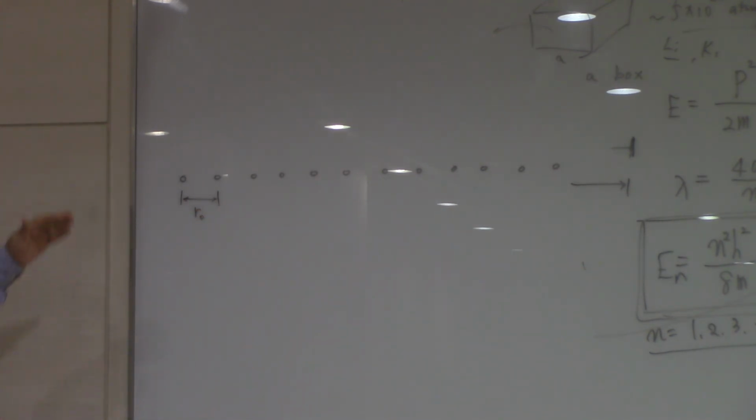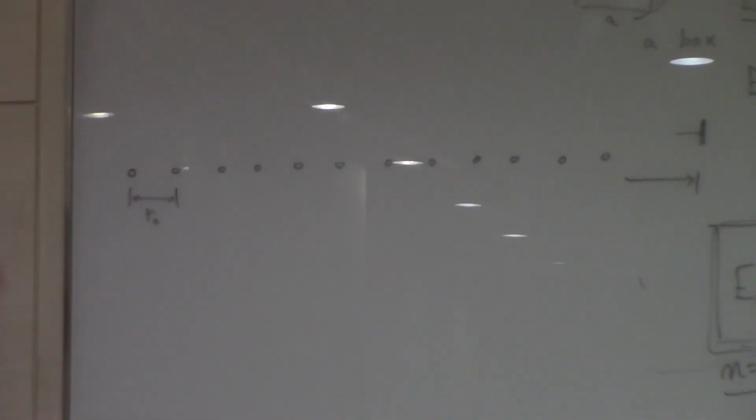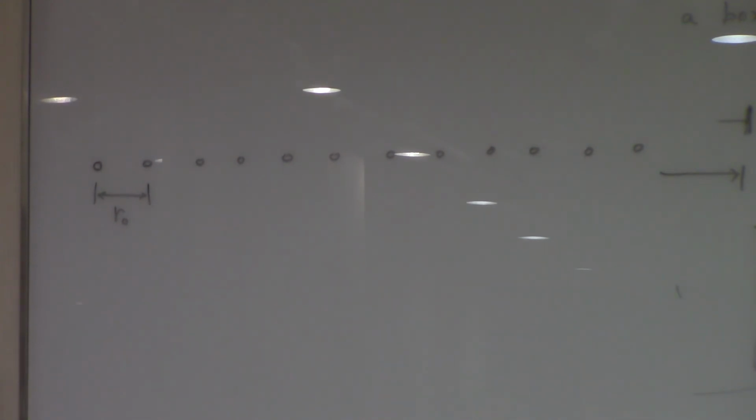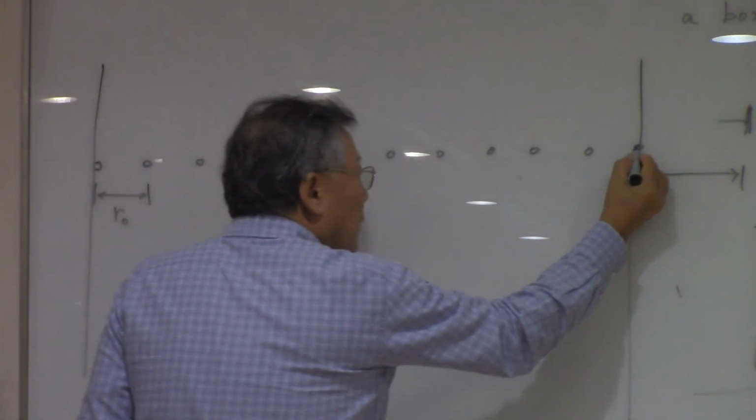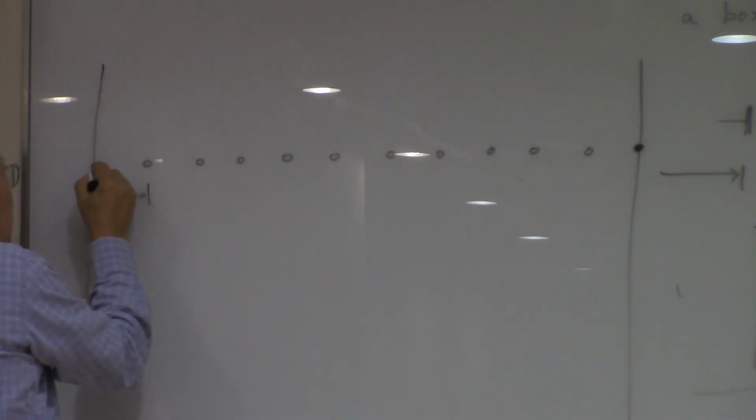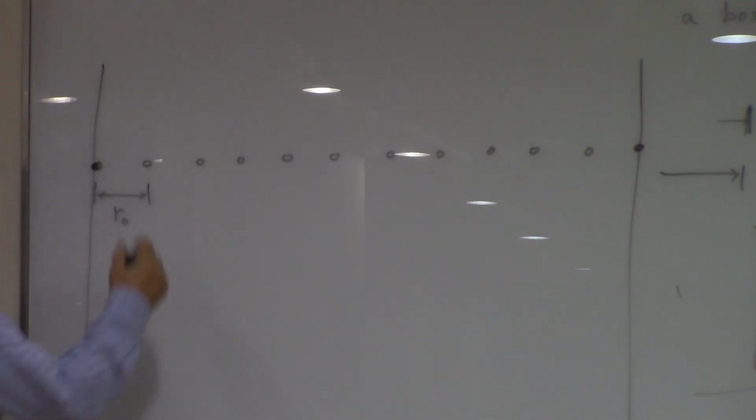If you apply energy to this solid, then these atoms are going to vibrate somehow. Depending on how big the energy is, the atoms' movement changes accordingly. Let's suppose we have some energy, and this is the end of the solid. Then this atom should not move at all, and this atom is going to move in one direction.